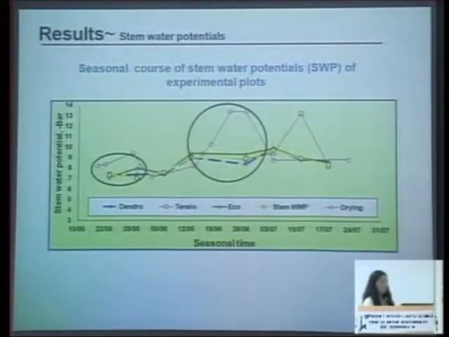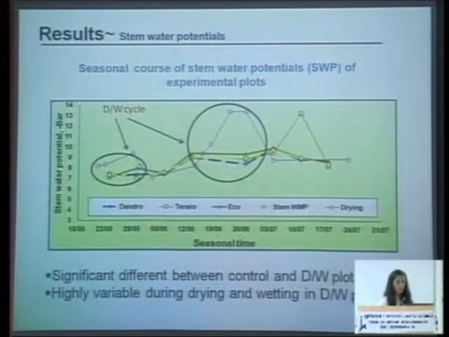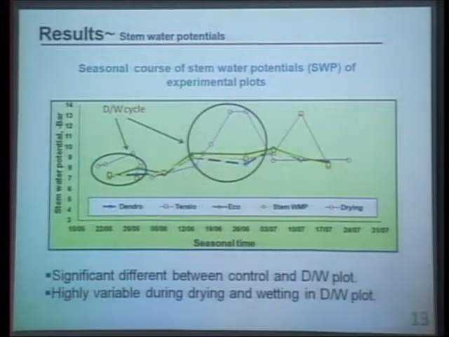Results, stem water potential. As I told already, we want to maintain a constant stem water potential. This is the seasonal course of stem water potential of the experimental plots, with stem water potential in negative bar on the y-axis, from the beginning of the season to the end of July. These are the different plots.